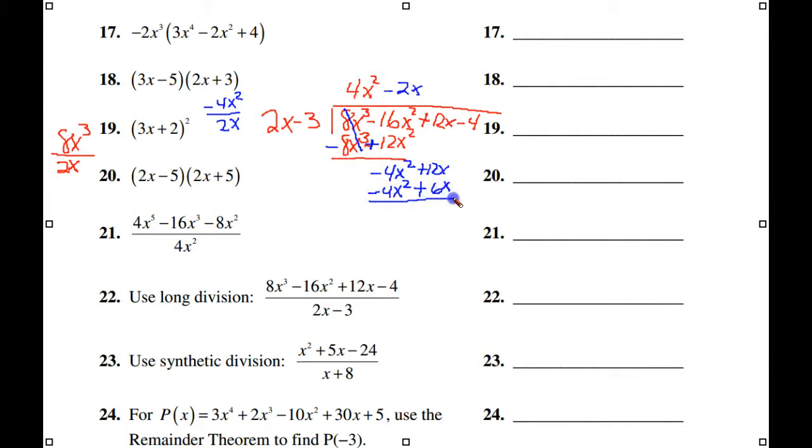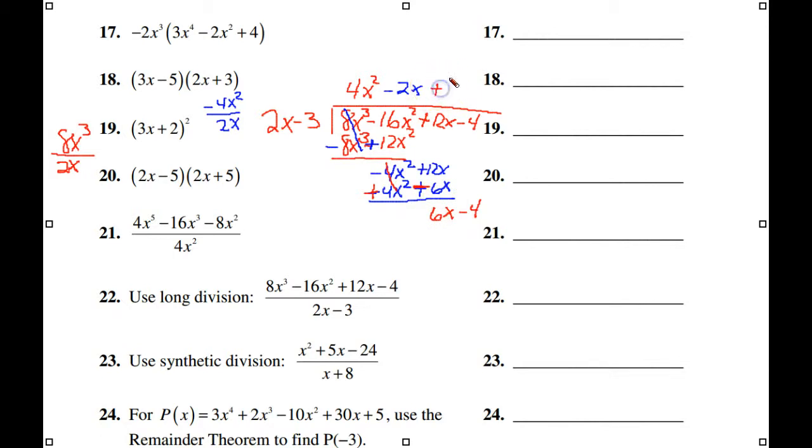Put our line, and now what do we do? Well, we have to change our signs. So this is going to become a positive, and this is going to become a negative. So these cancel out, and this becomes 6x, and you bring down your 4. And then again, 2x will go into there 3 times.